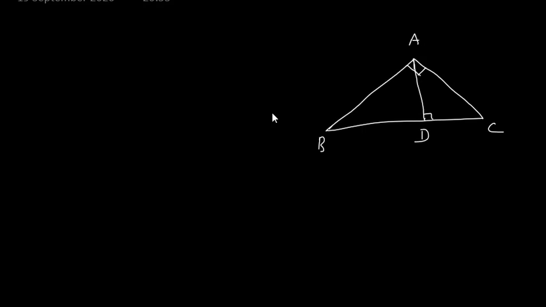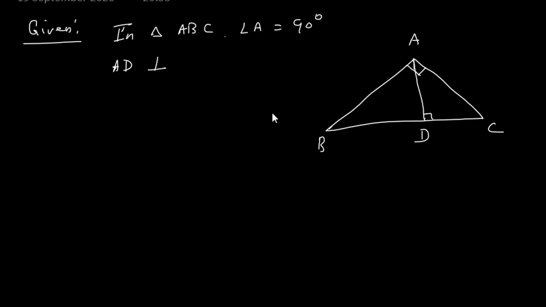Okay, so what is given? Given is, in triangle ABC, angle A is 90 degree. Also AD is perpendicular to BC. And what is to prove?